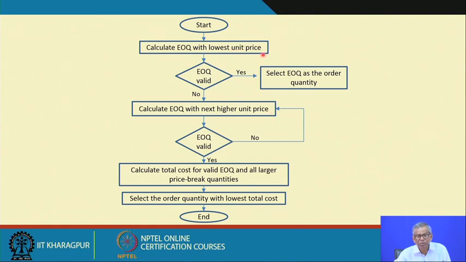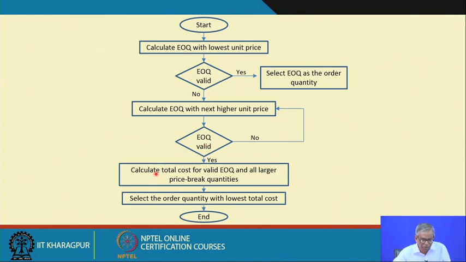Suppose the lowest unit price is rupees 10, and the next higher unit price may be rupees 11. So you calculate again EOQ with rupees 11. Is EOQ valid? The same question you ask. If it is no, then you go to the next one. Next one could be 12, next one could be 13. This process continues till you get an EOQ which is considered valid.